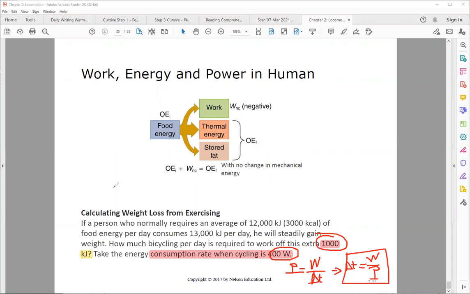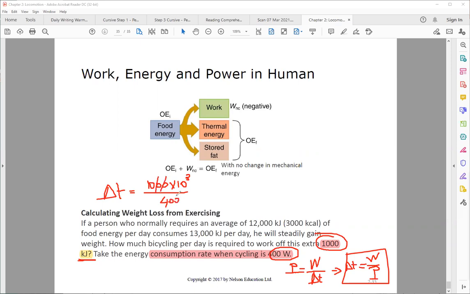Now, delta T will be equal to 1,000. Now, it's in kilojoules. In a question like this, we are not using kilojoules, but we're using the joule. So that will have to be multiplied by 10 to the power of 3, or 1,000, divided by the power, which is 400 watts.